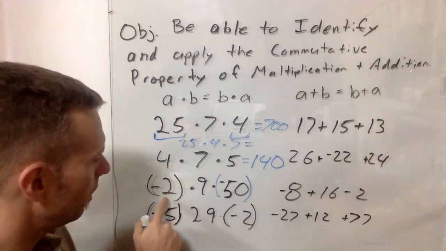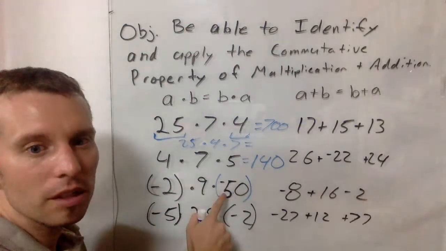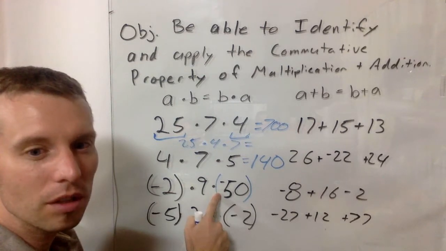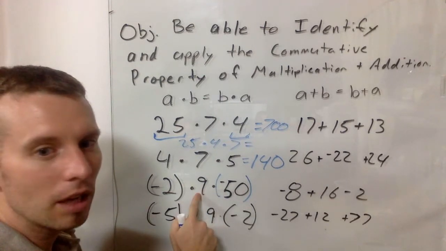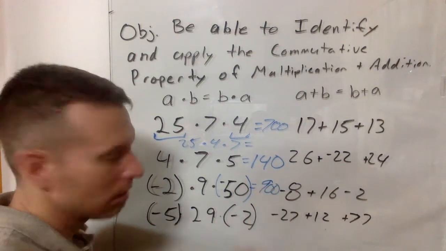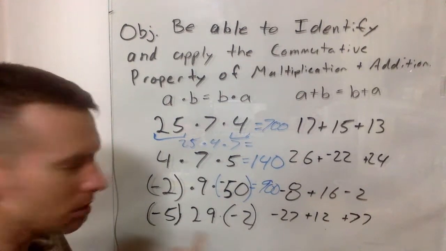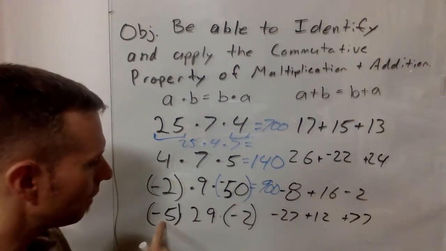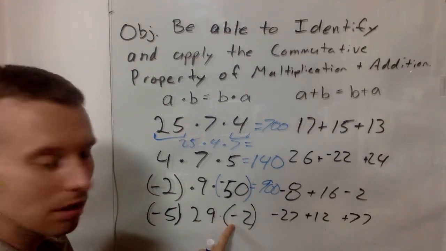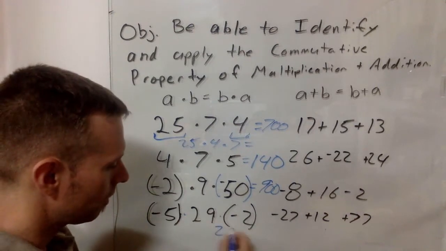So if we have -2 times -50, that gives us a positive 100, and 100 times 9 gives us 900. And last but not least, probably you can figure this out already, -5 times -2 gives us a 10, and 10 times 29 gives us 290.